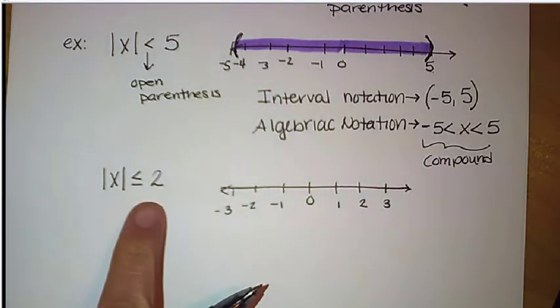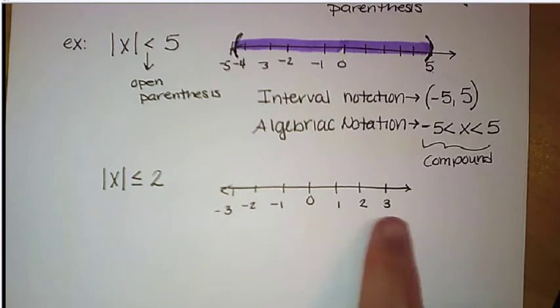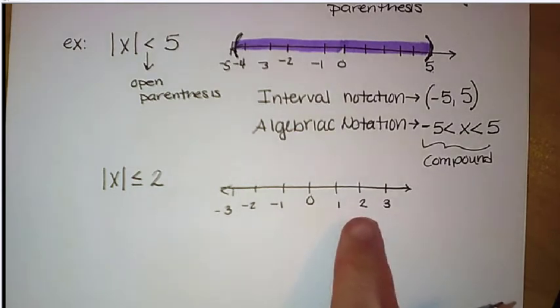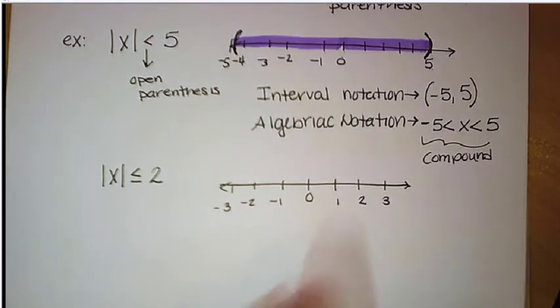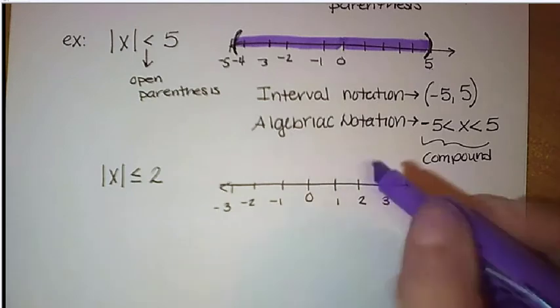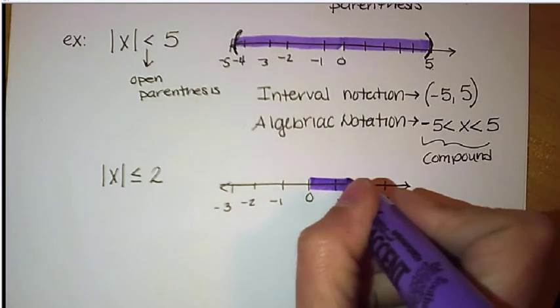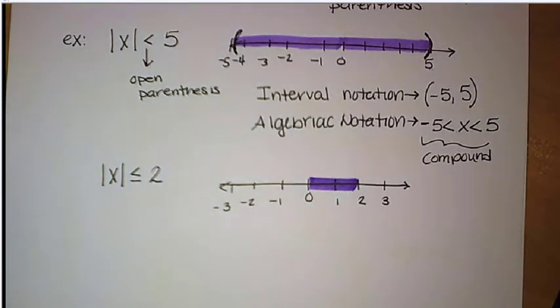If I'm thinking just on my positive side, that would mean that I have the number 1. 1 is less than or equal to 2. So all of this area between 0 and positive 2 is less than 2.